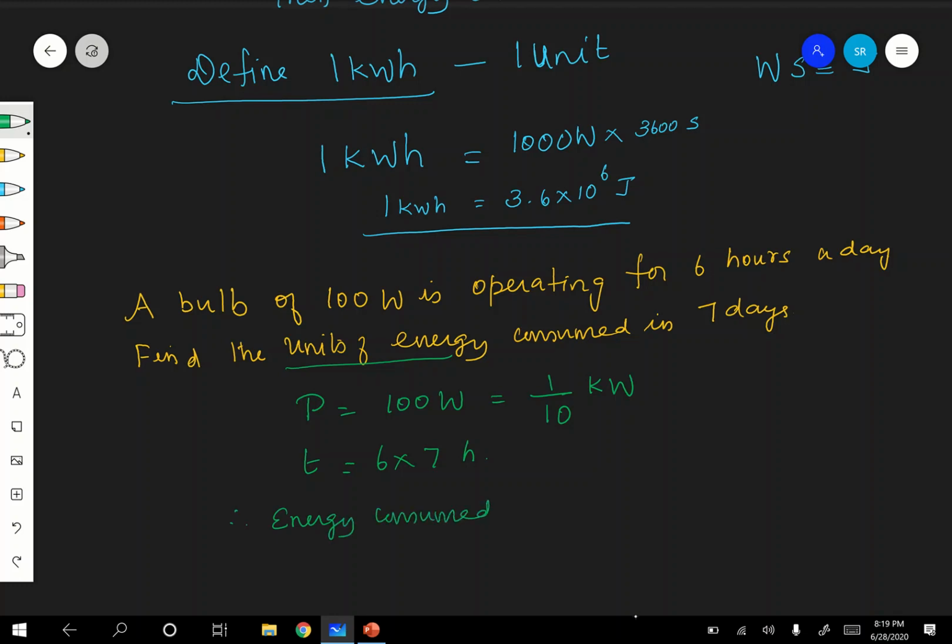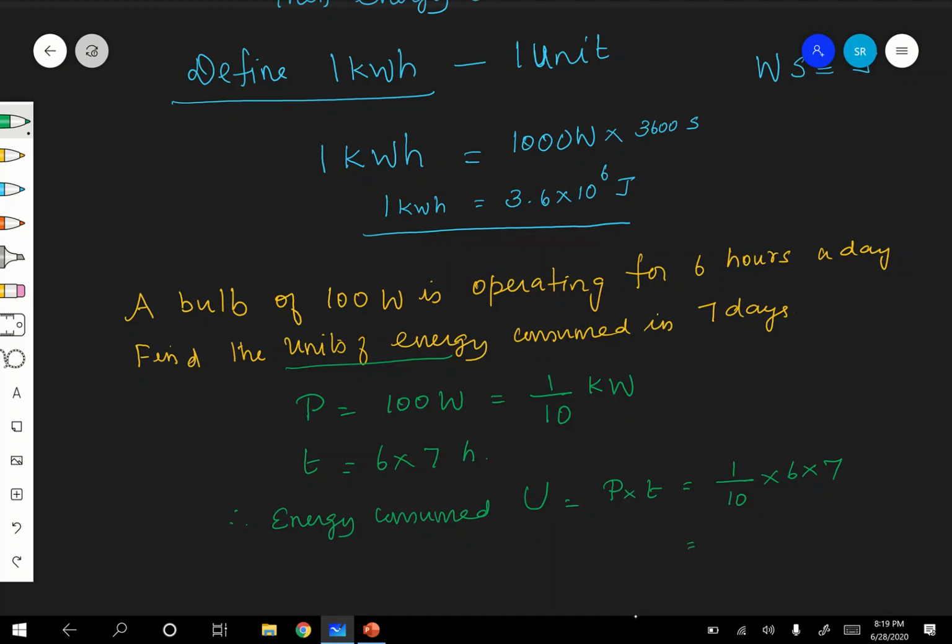Now what is the energy consumed? Energy consumed, E, is nothing but P into T. That is 1 by 10 into 6 into 7, where power is in kilowatt and 6 into 7 is in hours.